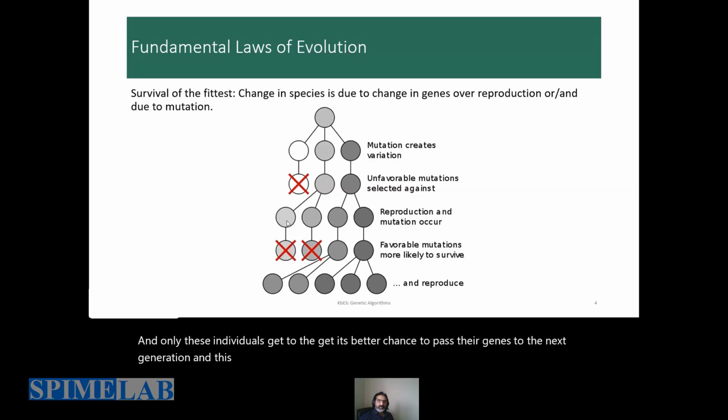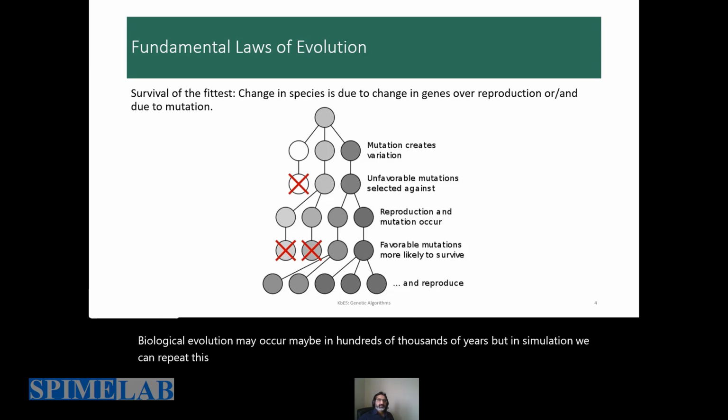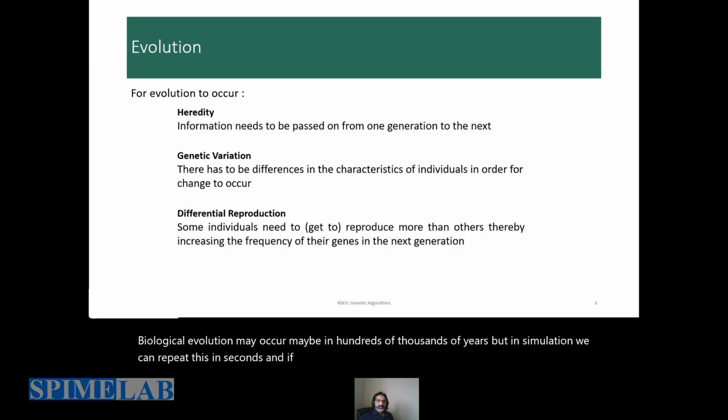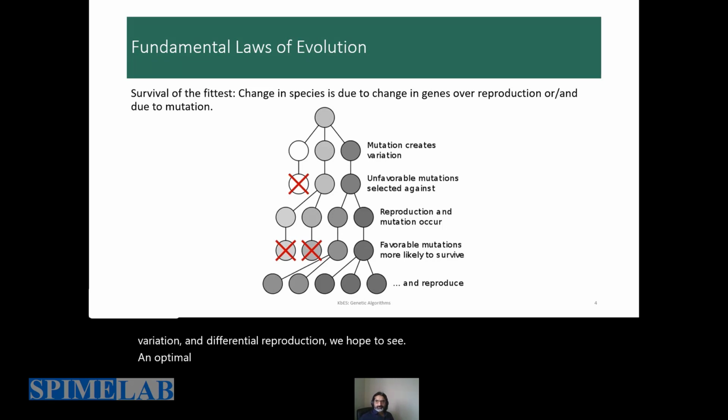If we keep repeating this process for hundreds and thousands of times, biological evolution may occur over hundreds of thousands of years, but in simulation we can repeat this in seconds. And if we keep the same principles of heredity, genetic variation, and differential reproduction, we hope to see an optimal solution for a given problem.